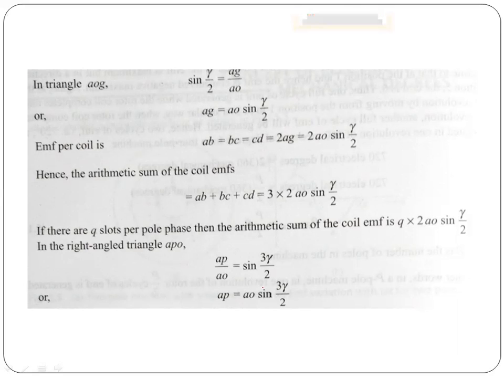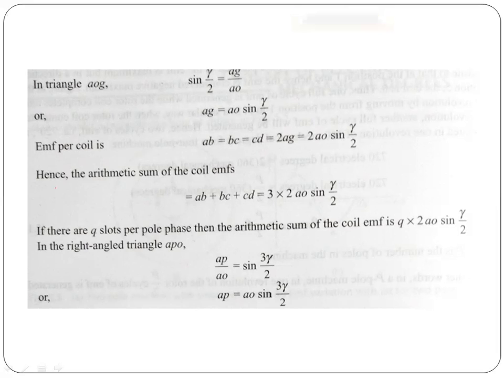So EMF per coil, AB equals BC equals CD, equals 2AG, that is equal to 2AO sine gamma by 2. Hence the arithmetic sum of the coil EMFs AB plus BC plus CD equals 3 into 2AO sine gamma by 2.